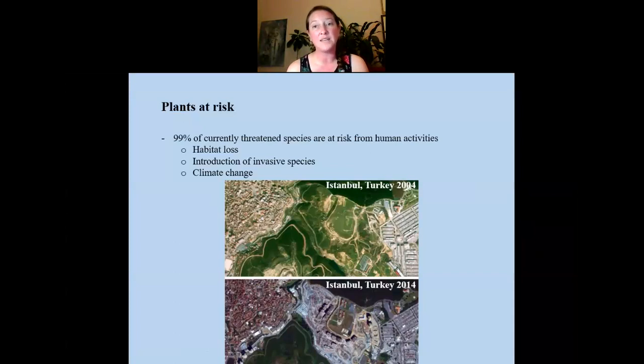These activities include habitat loss. As cities expand in size, and as new areas that never were a city become a city, we remove plants from there to build our buildings and roads. This creates what's called habitat loss. Another way that humans are threatening plant species is the introduction of invasive species.